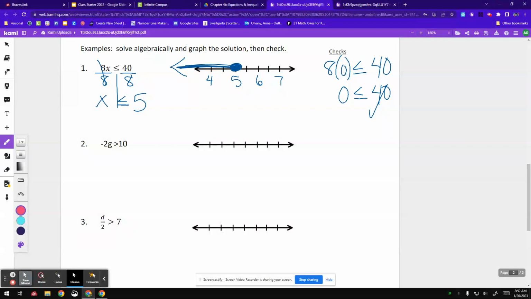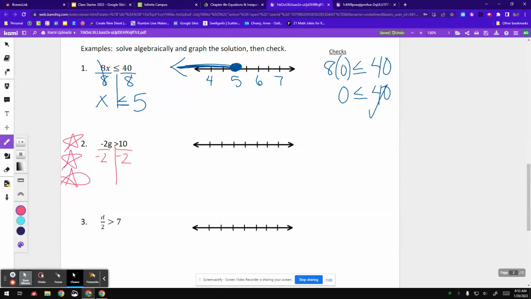Okay, number 2. I see a variable and a symbol. I'm going to split and do the inverse. What's the inverse of multiply by negative 2? Divide by a negative. I said the magic word, divide by a negative.